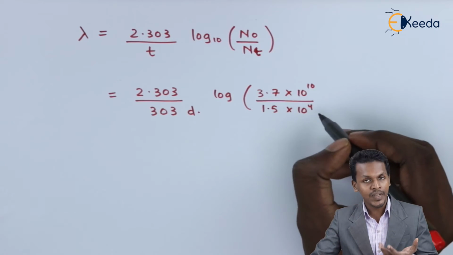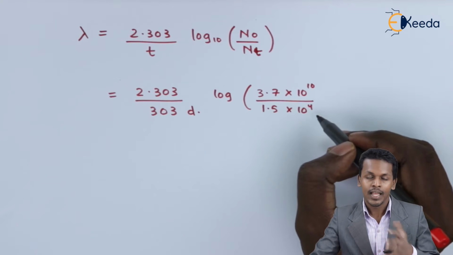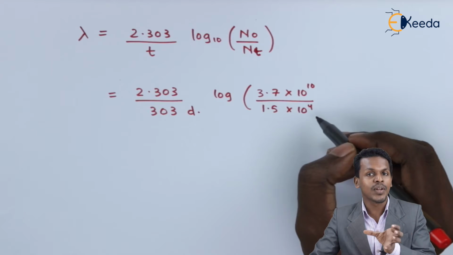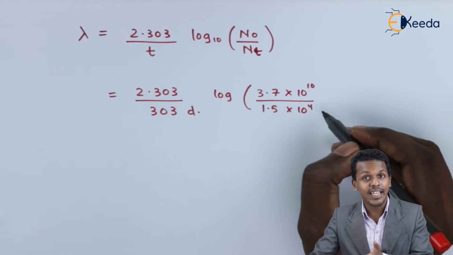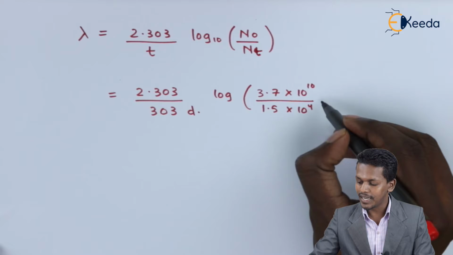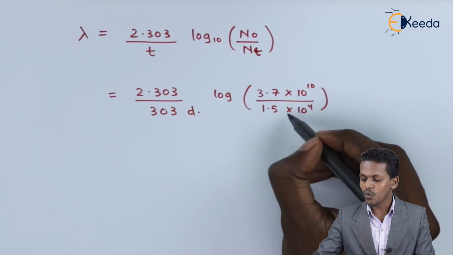That is the number of nuclei obtained after a particular interval of time, after the decay, that is, after the disintegration of that particular element.